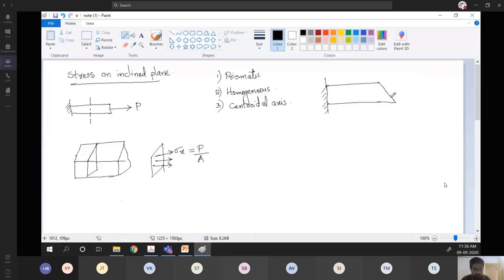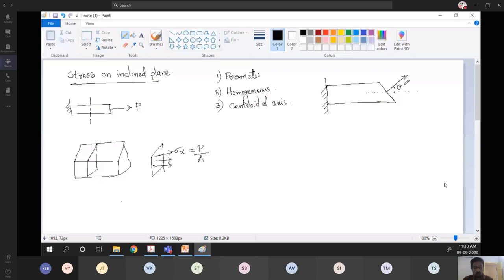And how do we measure this inclination? Inclination is measured with respect to the outward normal from the plane. This is the outward normal, this is the horizontal axis, and this is theta. I want to ensure that theta is not measured with respect to the tensile load acting.